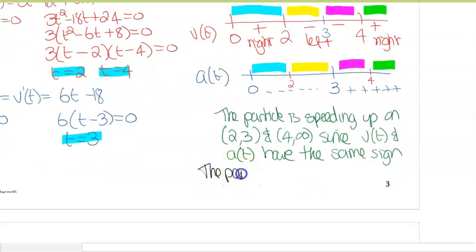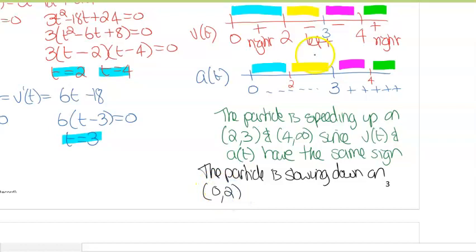All right, and then let's do slowing down. The particle is slowing down on, let's see, different signs, so negative and positive, so from 0 to 2 and 2 to 3. So really between 0 and 3. Well, actually it stops. So between 0 and 2 and 2 and 3, because at 2, the velocity is 0.